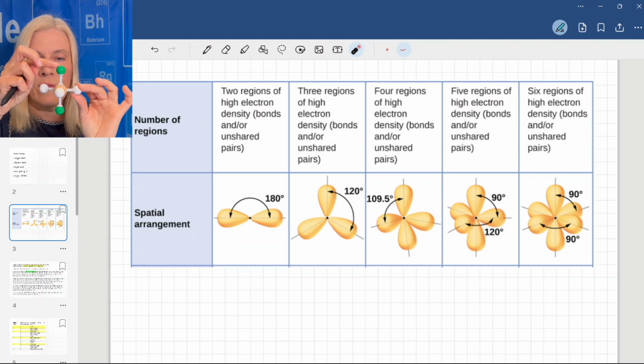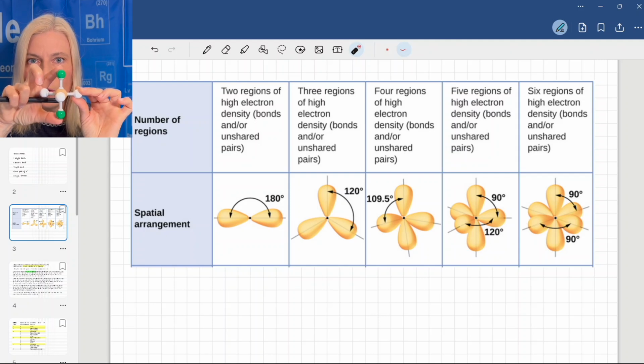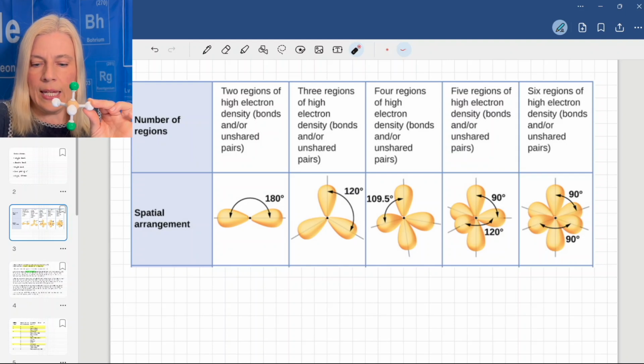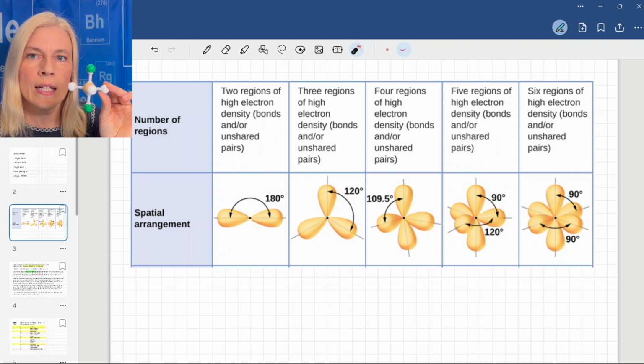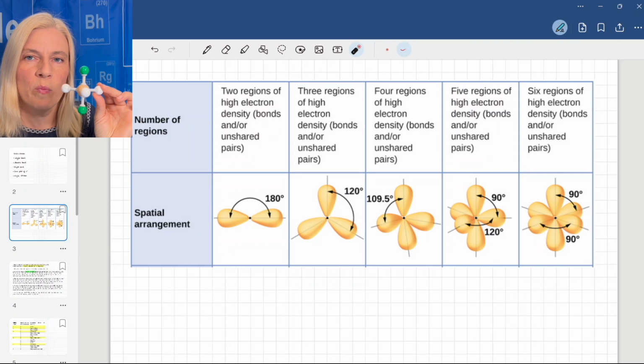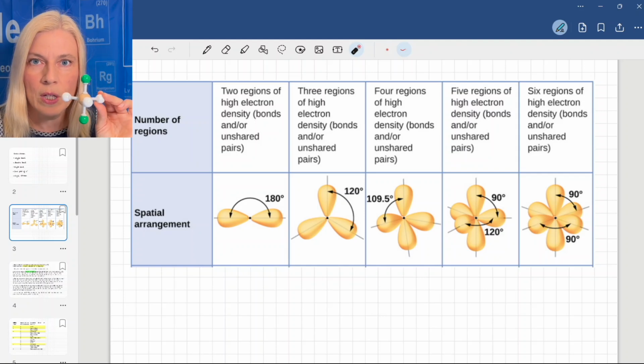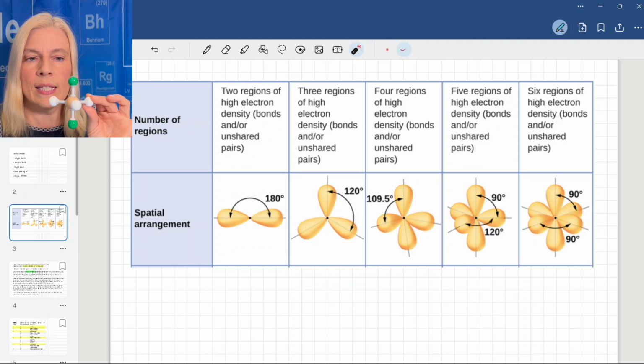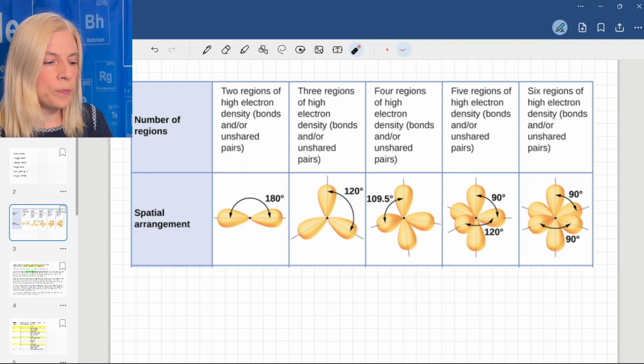And the degree angle between the green and white, so the green are in the axial position, between every green and white atom is 90 degrees. So this I actually think is the hardest molecule shape to know, because you have two different degrees to keep track of. So this is our trigonal bipyramidal.